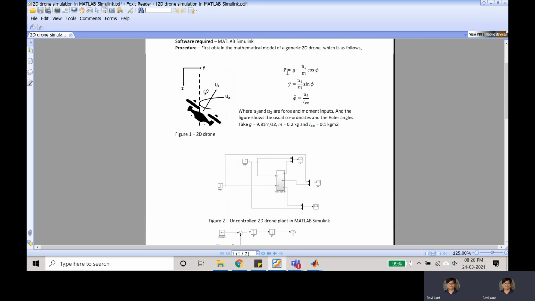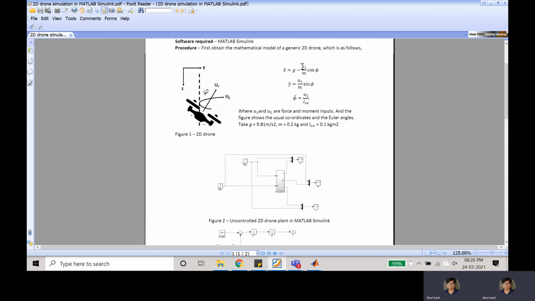this particular equation, z double dot is equal to g minus u1 by m cos phi, or cos phi would be 1. So this won't be here. So just z double dot is equal to g minus u by m. So we start with a gain, that is g or 9.8.